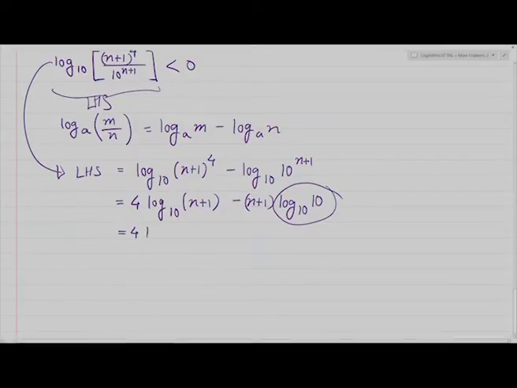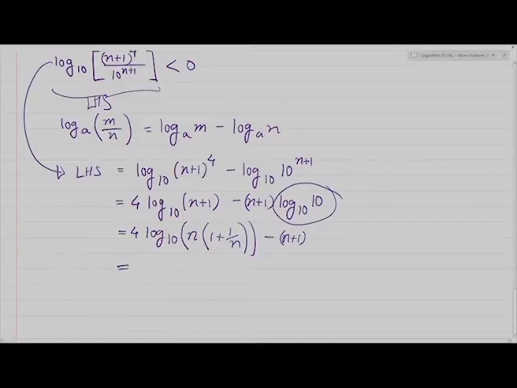In 4 times log to the base 10, I will take n common and write this as 1 plus 1 upon n. Why I am doing that will be clear very soon. Minus n plus 1. Okay.